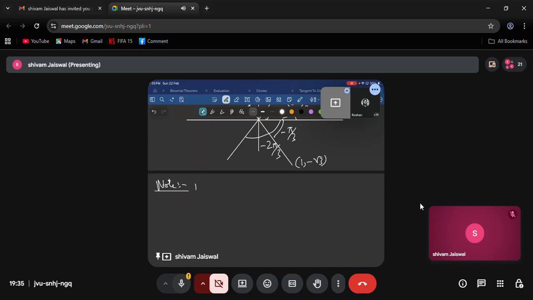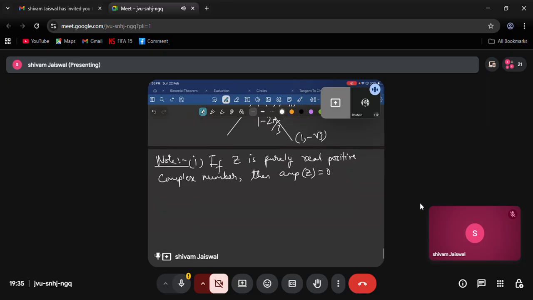Number 1. If Z is a purely real positive complex number, then what is the amplitude of Z? Amplitude of Z is equal to 0. Number 2.